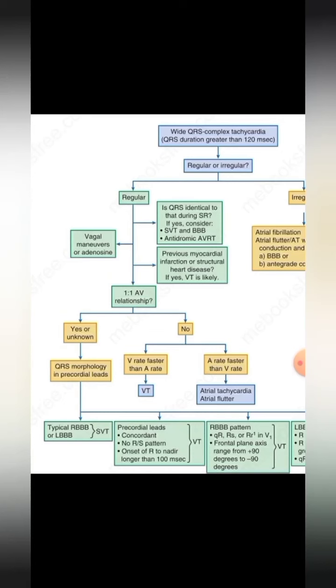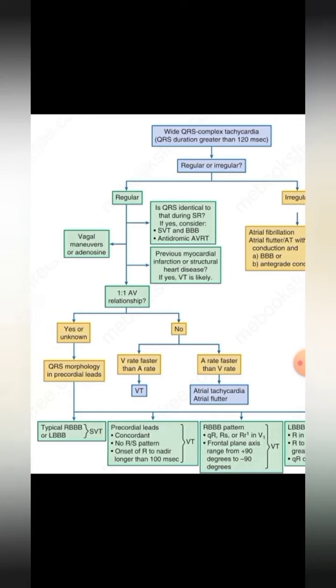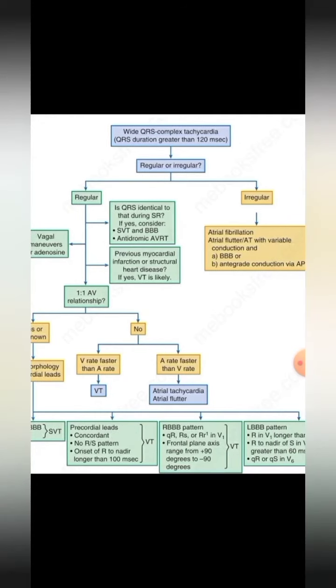So for now, just remember that if the morphology of the QRS complex is typical of RBBB or LBBB, it's most likely SVT. And if the precordial leads are concordant, whether positive concordance or negative concordance, it's ventricular tachycardia.